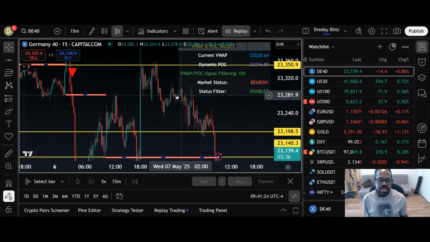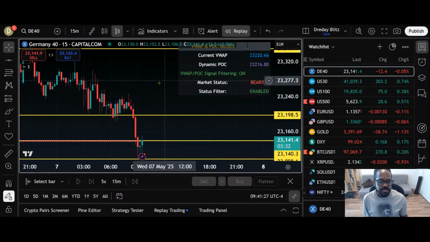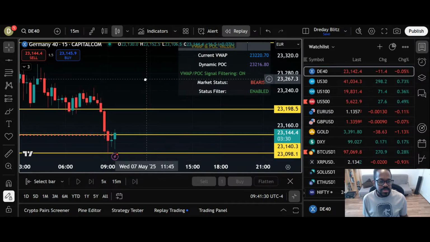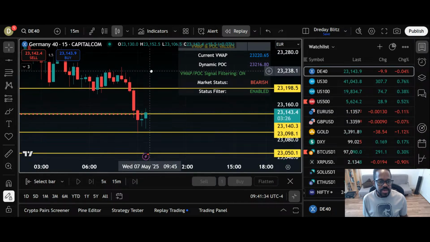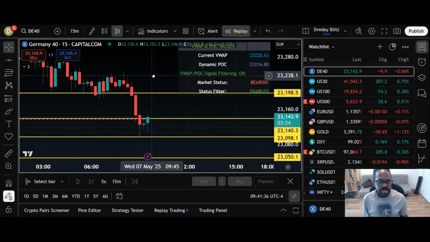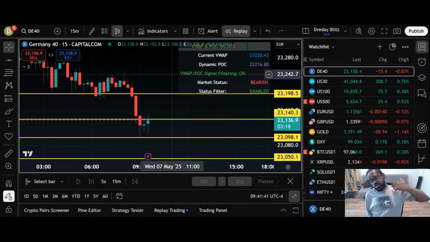So trading is really a waiting game, guys. So don't rush the process. Just have to see what the market is giving you, and you execute off of what you're seeing. And with the tools and the indicators that I created here, it's going to help you to know exactly where the market is going, and which levels to put your stop loss and take profit.